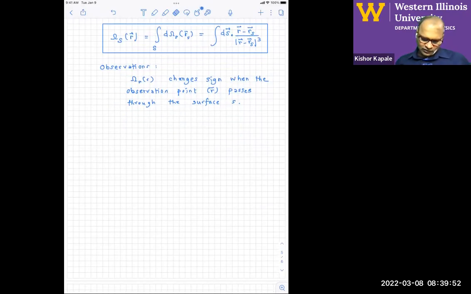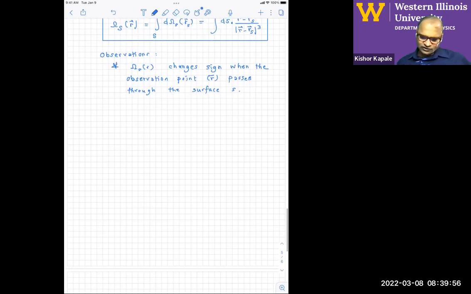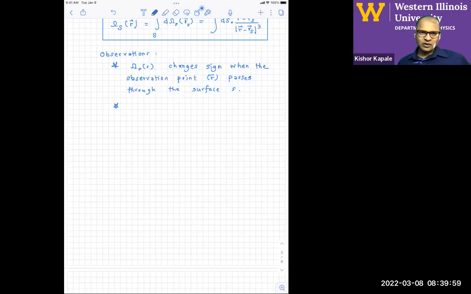Then I think we need to also point out the convention. If the sign is going to change, you need to define which sign is positive.